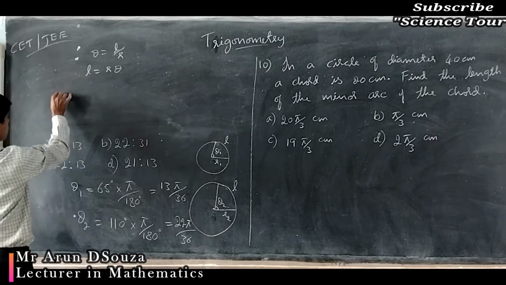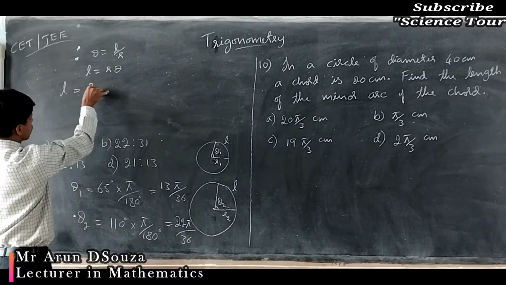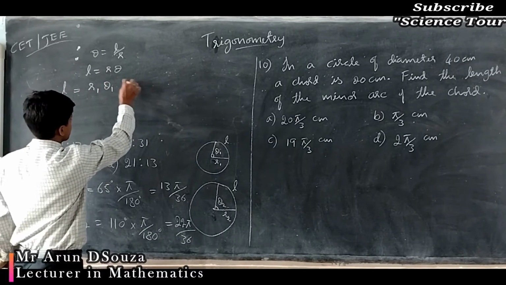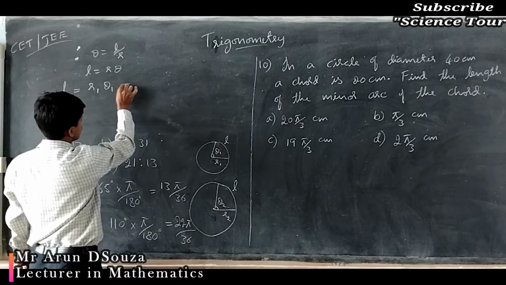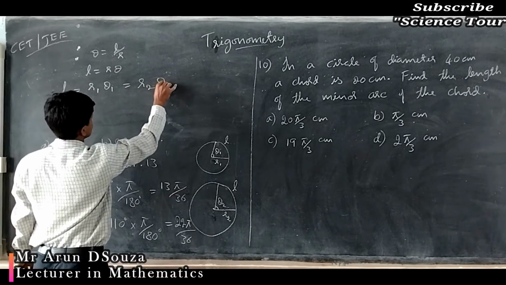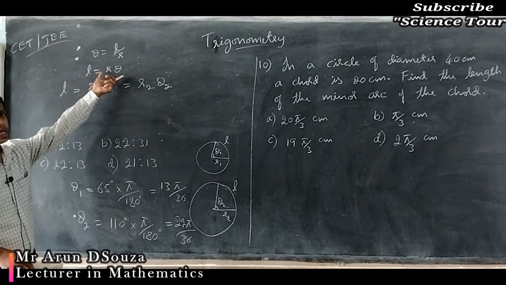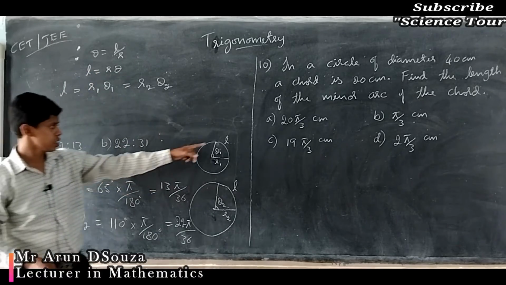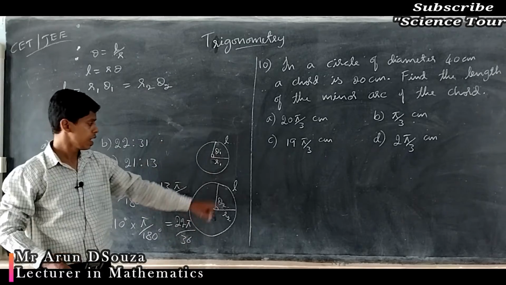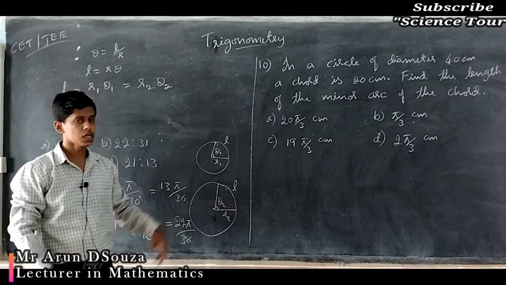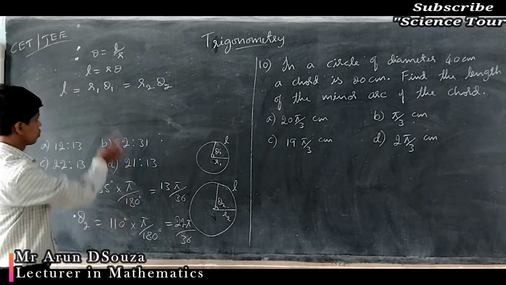Now both the arc lengths are equal, so L is equal to R1 theta 1, and here also L is equal to R2 into theta 2, correct. So those two are equal.